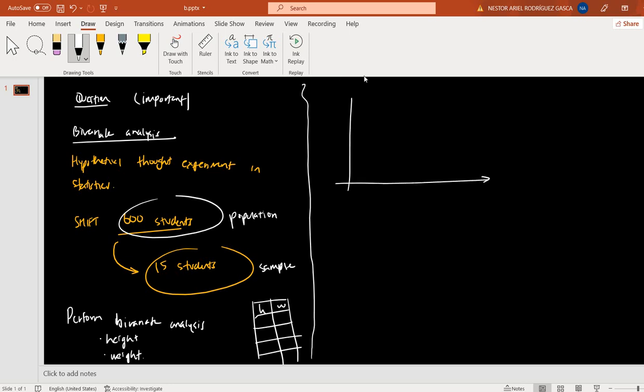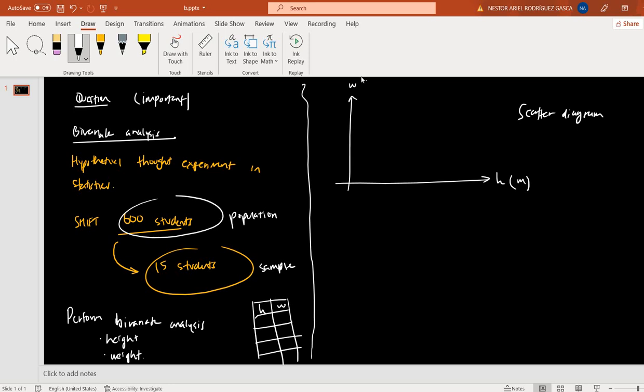I'm gonna draw the scatter diagram for this particular chart, right? So in here I'm gonna put the height, in here I'm gonna put the weight. Remember that it is essential that we also put the units in which I'm gonna measure height and weight respectively. Let's measure height in meters.